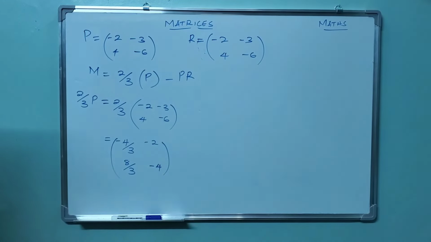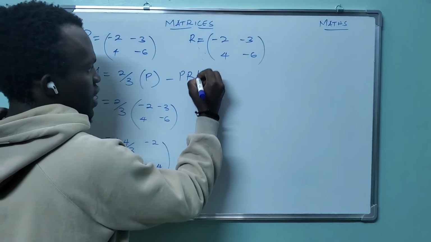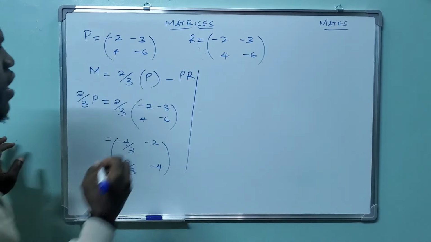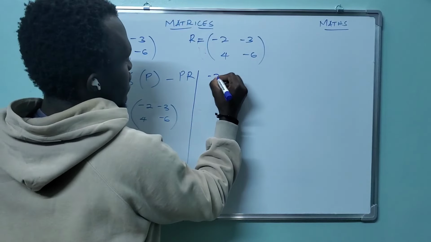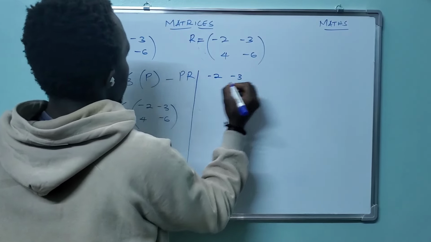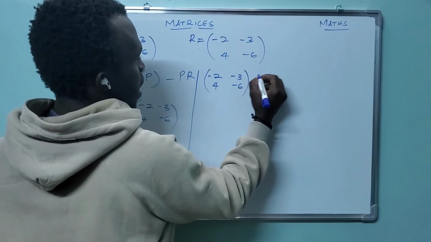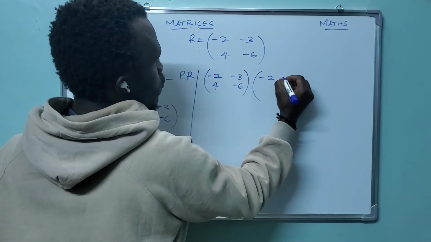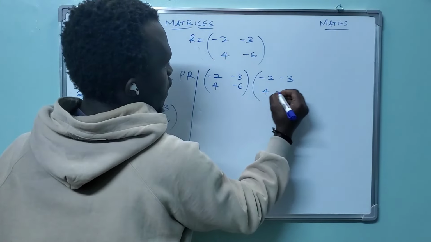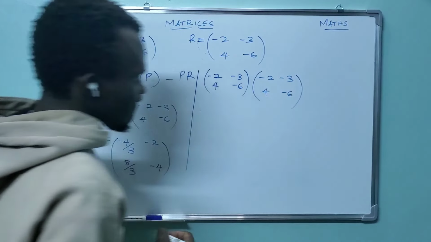Let us now get PR. PR means that we multiply P and R. P is negative 2, negative 3, 4, negative 6, multiplied by negative 2, negative 3, 4, negative 6.